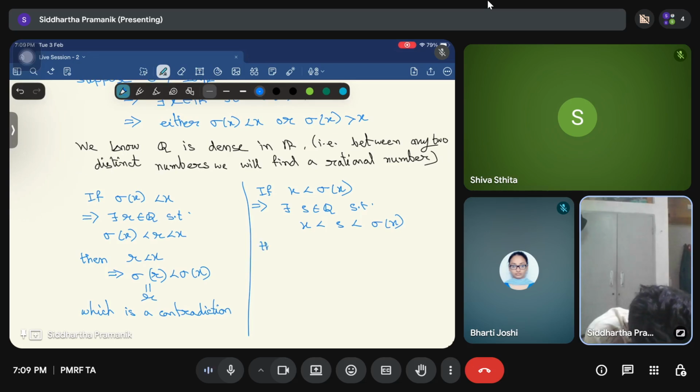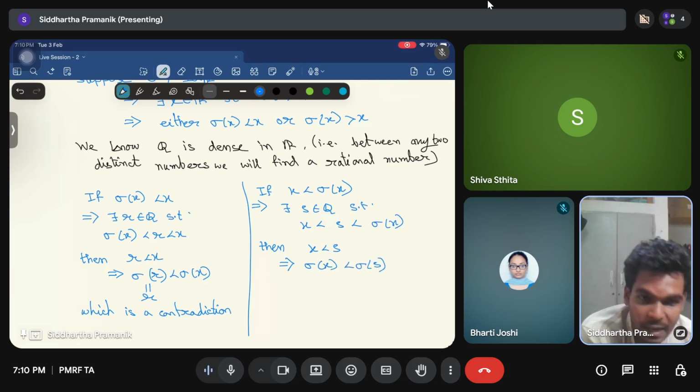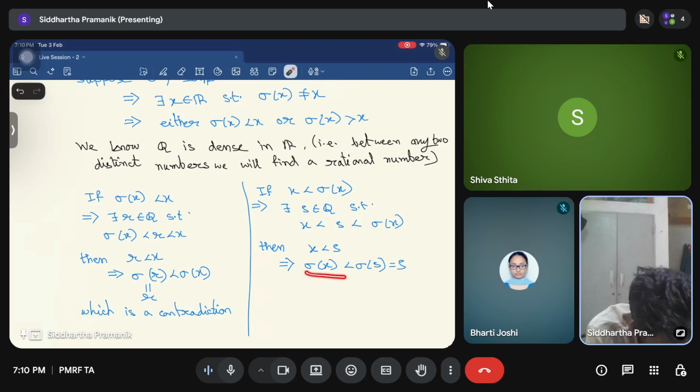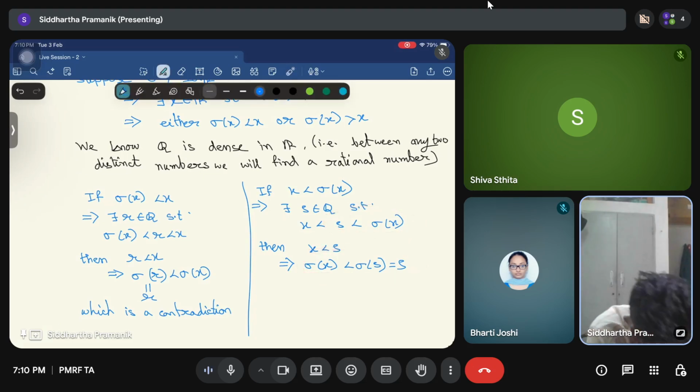So again we will use the same trick. x is less than s and sigma is increasing. So sigma x is less than sigma s, but s is a rational number, so sigma s has to be s. So here we are getting sigma x is less than s, and here s is less than sigma x. So this is a contradiction.